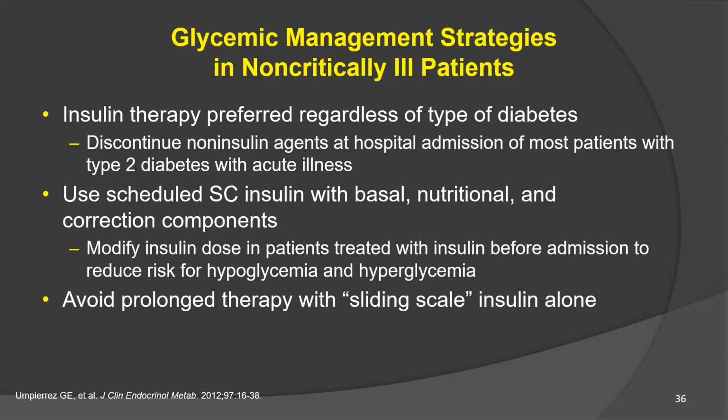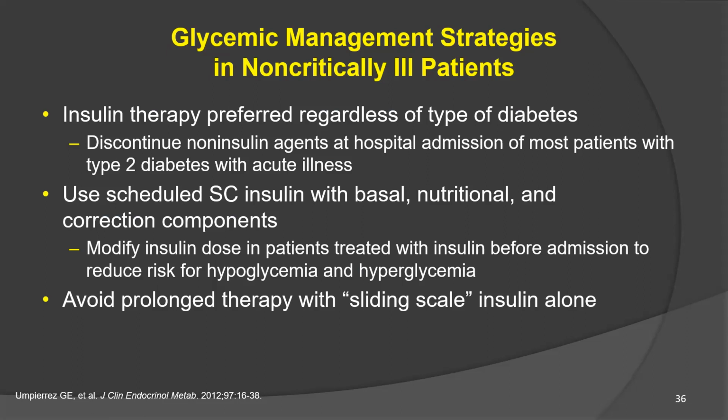Modify insulin dose in patients treated with insulin before admission to reduce the risk for hypoglycemia as well as hyperglycemia. You have to assess whatever dose the patient is taking at home. Do I have to reduce it when the patient is admitted, or do I actually have to increase it because the patient is not on good control at home as well? Avoid prolonged therapy with sliding scale insulin alone.